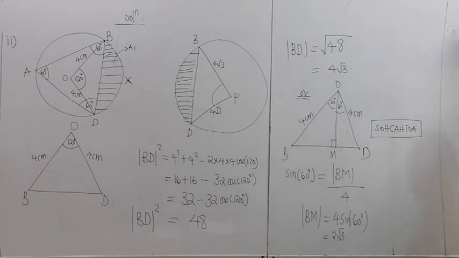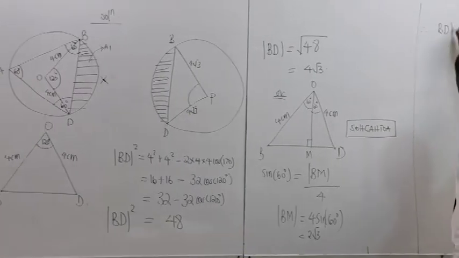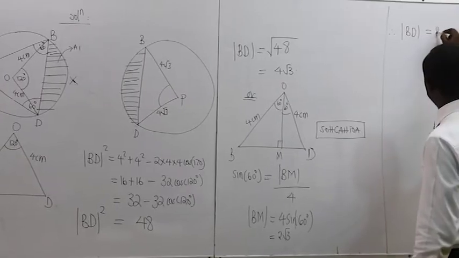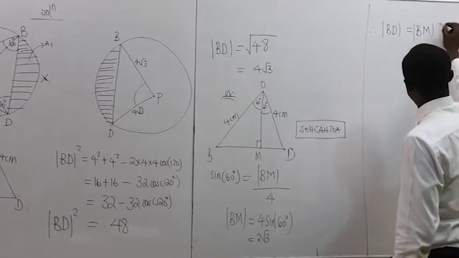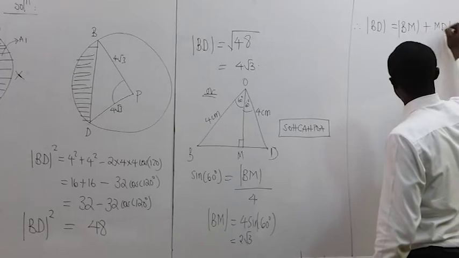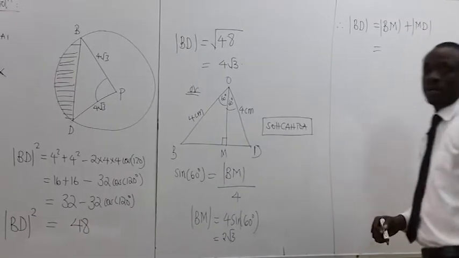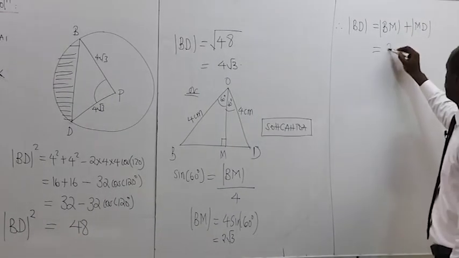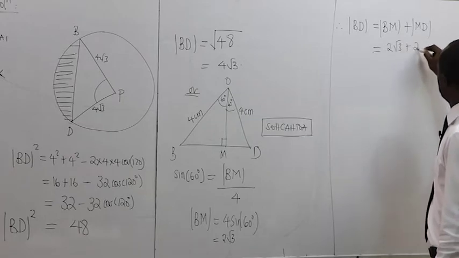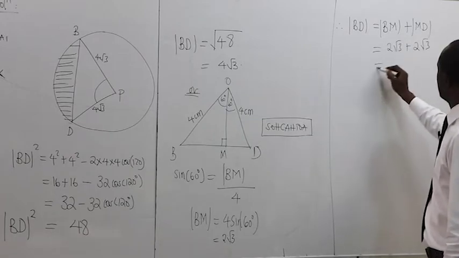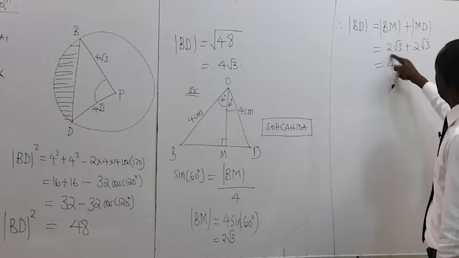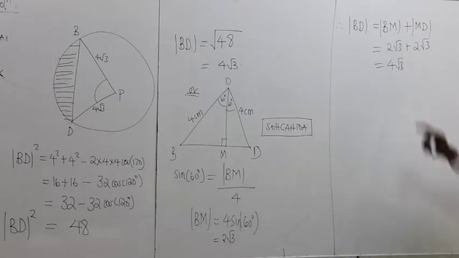Therefore, we know our BD is equal to BM plus MD. Now, what is BM? That's 2 root 3. And this is 2 plus 2, 4, and then we bring in our root 3.